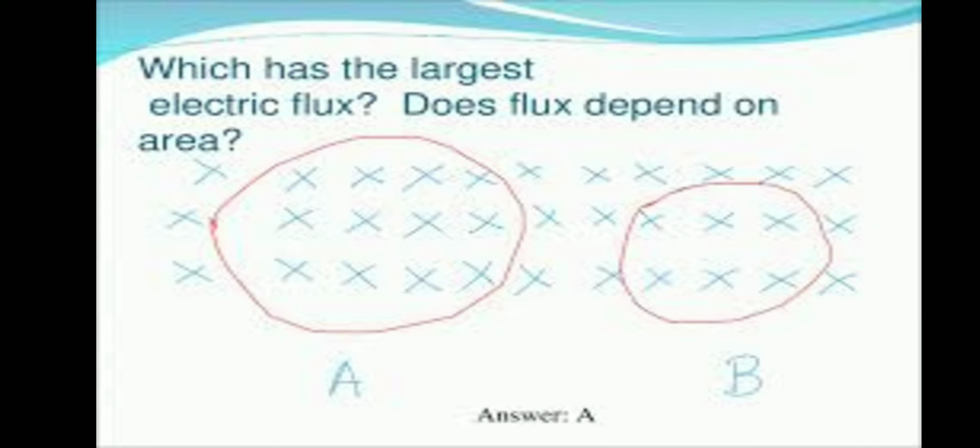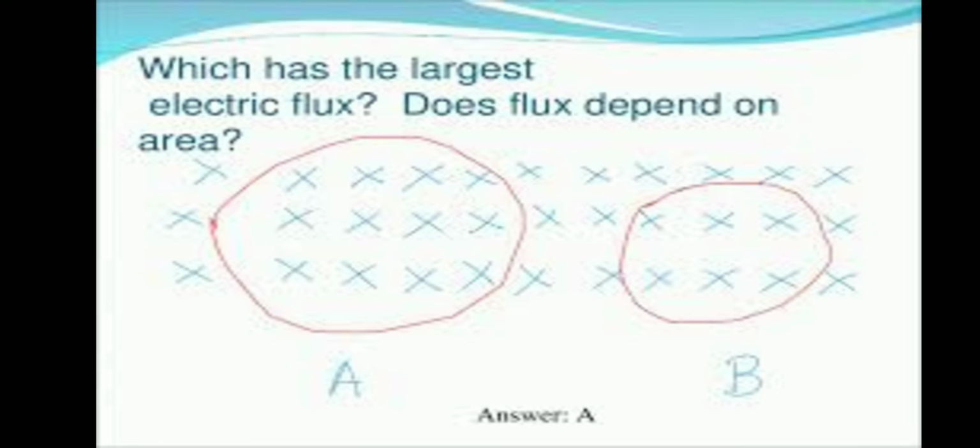Now, let's do some conceptual problems related to electric flux. Look into the diagram, given two figures, and the question is, which has the largest electric flux? Does electric flux depend upon the area? Yes, flux depends upon the area, because phi is equal to E dot S, where S is the surface area.